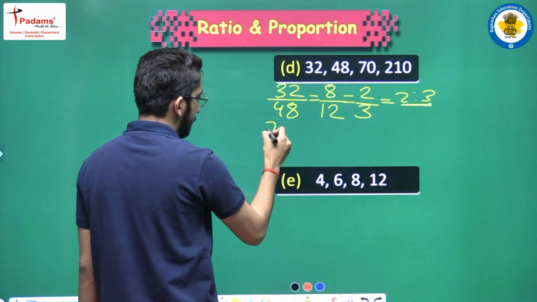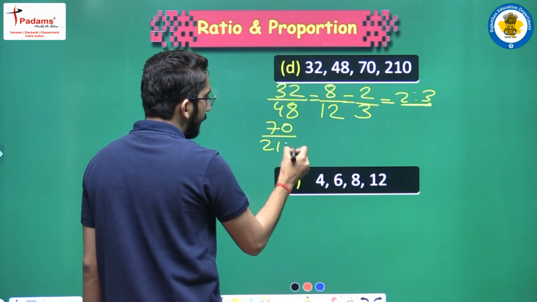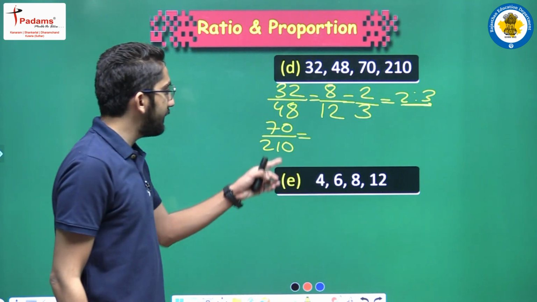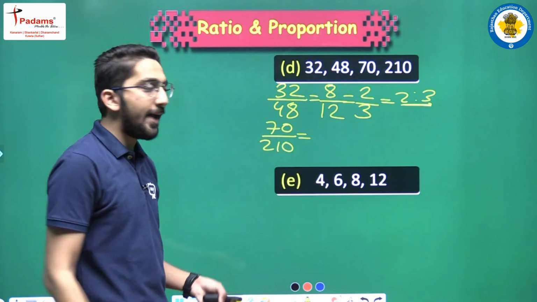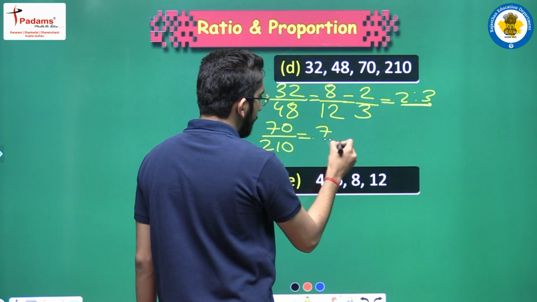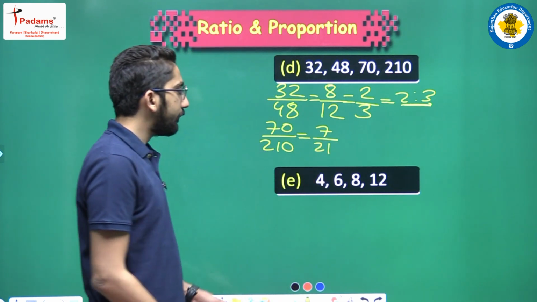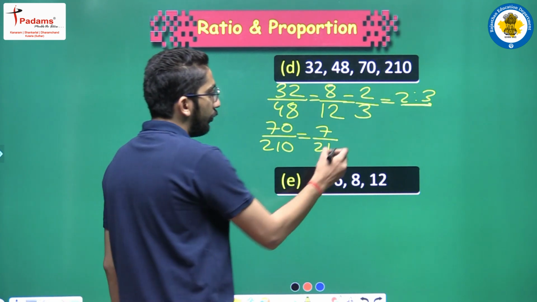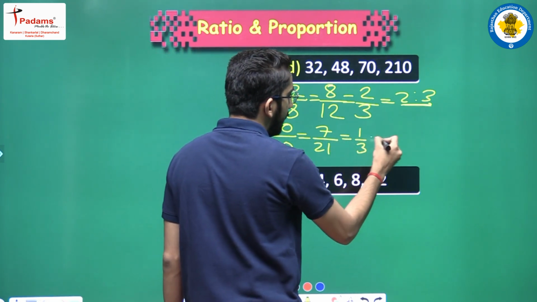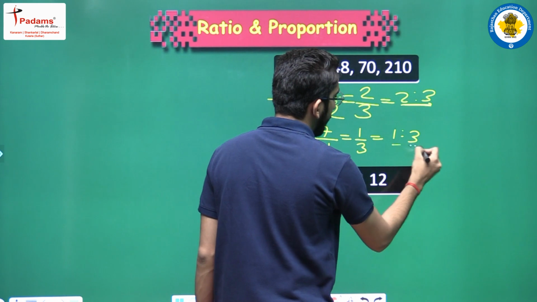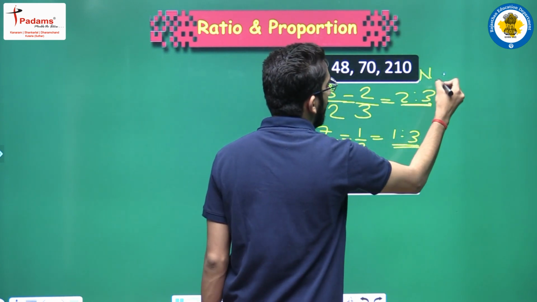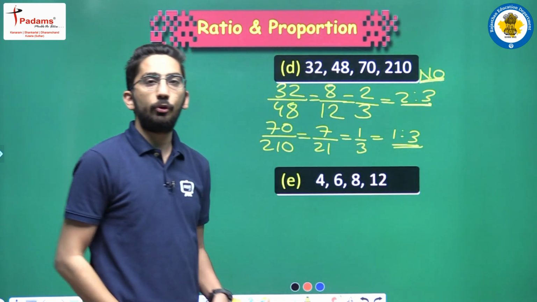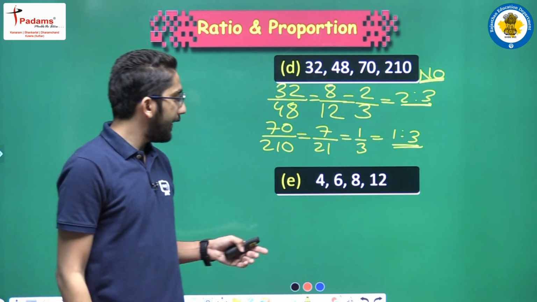Then for 70 and 210, I can first divide both of them with 10 directly. It will become 7/21. Then I can further divide both of them with 7. So this will become 1/3 or 1:3. So they are also not in proportion. ठीक है, क्लियर है. आगे देखिए.